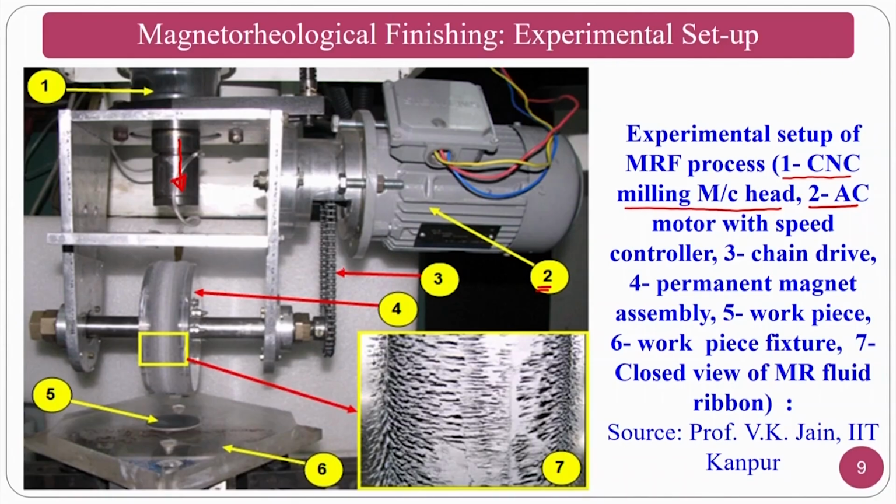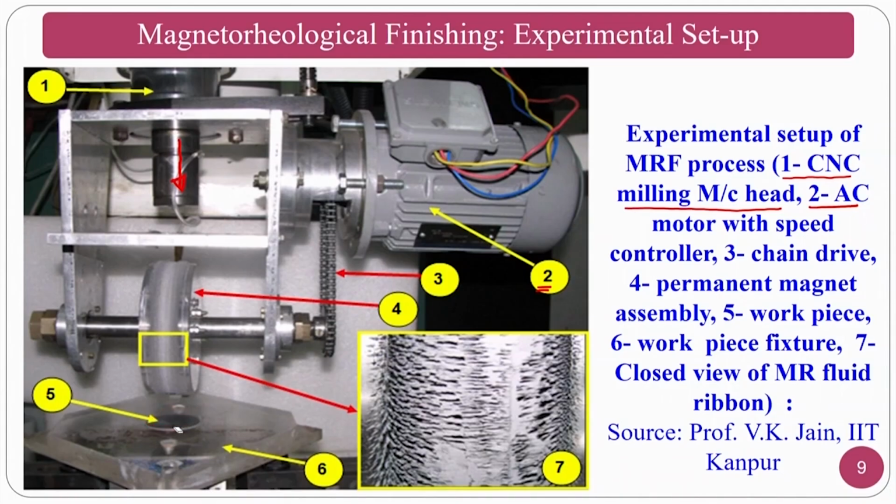This is a chain drive system so that the flexible grinding wheel is mounted and it will rotate. And the fourth one is the permanent magnet assembly. So you can see the fourth one, there is a magnetic assembly inside the grinding wheel. And 5 is a workpiece. This is a silicon workpiece. One has to finish a silicon workpiece, and the workpiece fixture is 6.